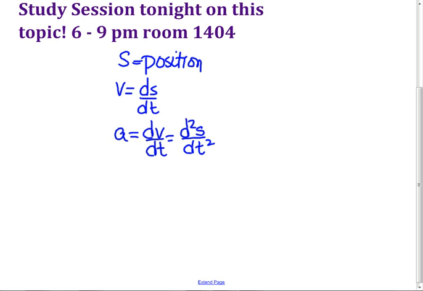So how do you know if a particle is moving to the right, or up or down? What's true about the velocity? It's positive. If it's moving to the left, the velocity is negative. How do you know if it's speeding up or slowing down?